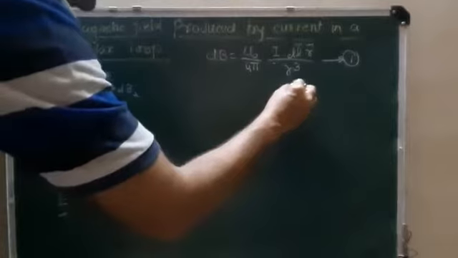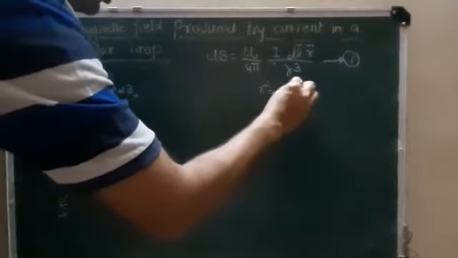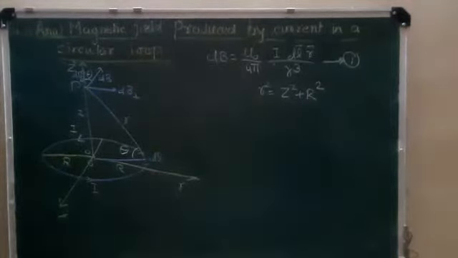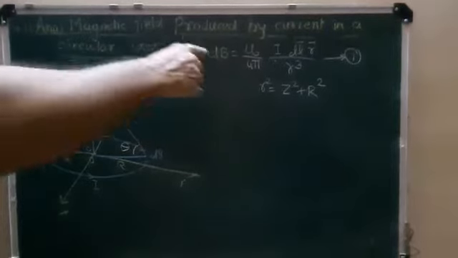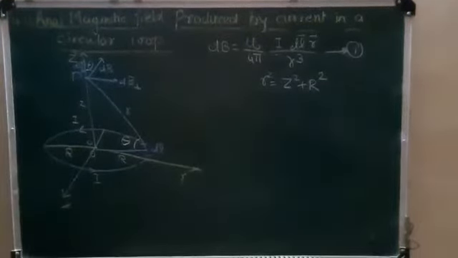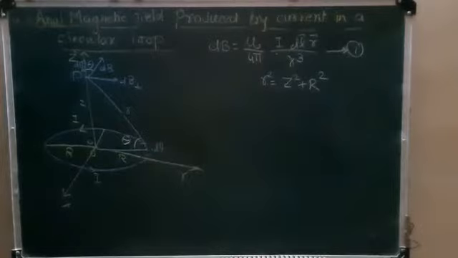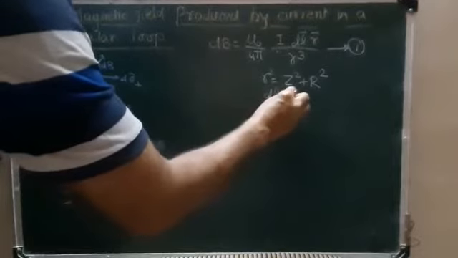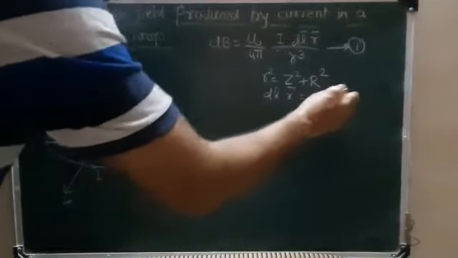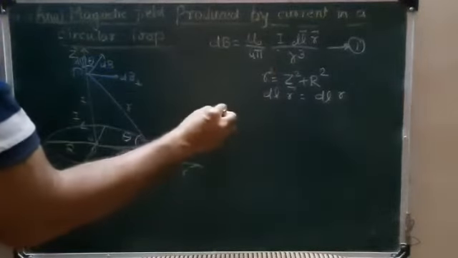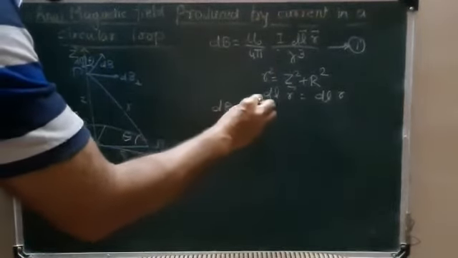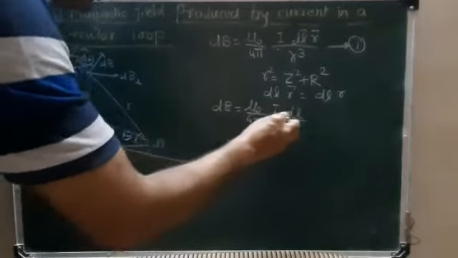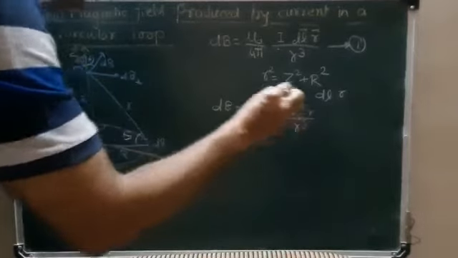We substitute this into the above equation, where dl cross r will be equal to dl r. Then the above equation becomes dB equal to mu 0 upon 4 pi, I dl r upon r cube.